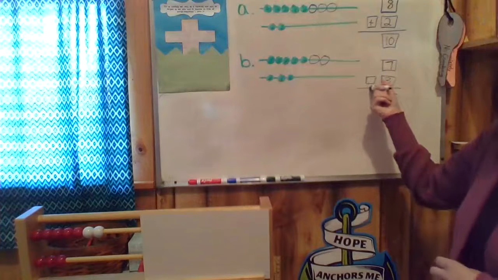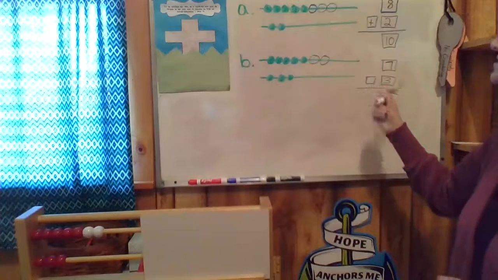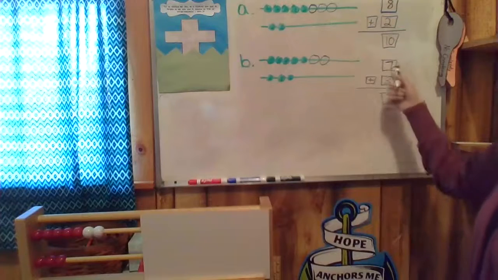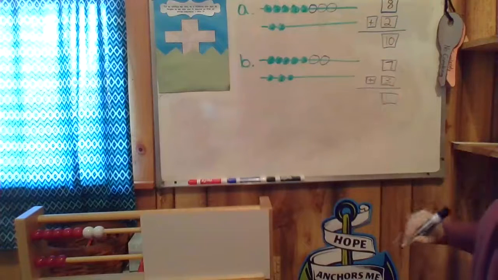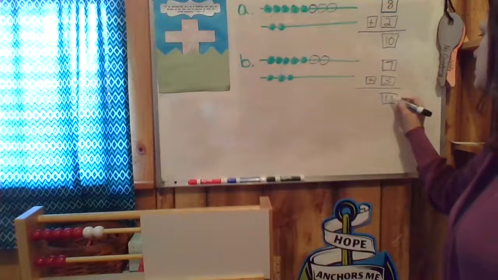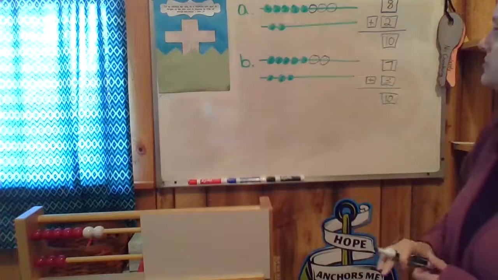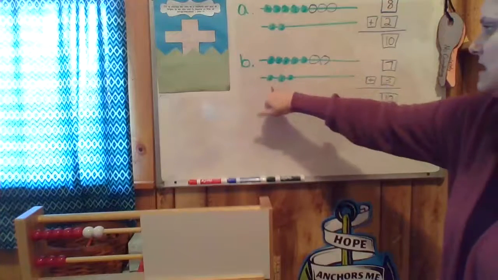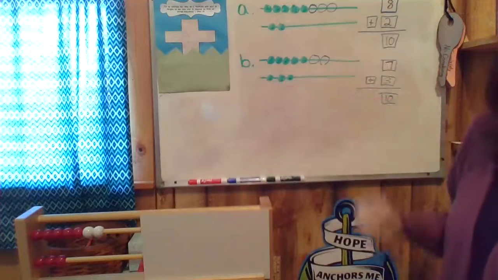And a plus or a minus sign? We're doing addition, we're adding, so it gets a plus sign. And 7 plus 3 is, if you said 10, you are correct. Again, if you didn't know, you can count your beads. We know there's 7 on top, so 7, 8, 9, 10.